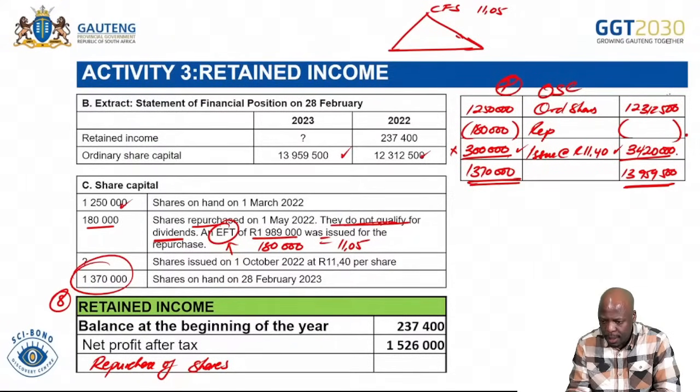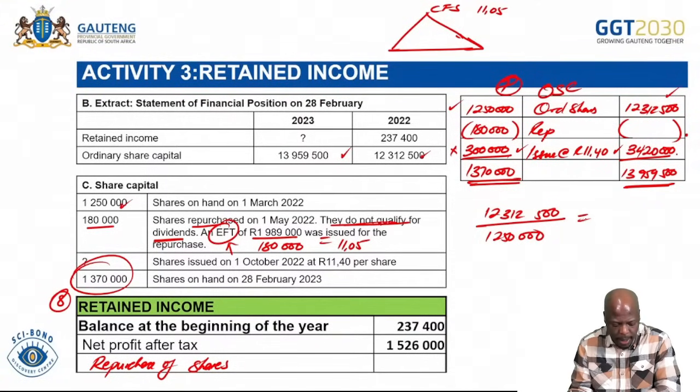You would have taken the 12,312,500 and you divide it by your 1,250,000, and that would give you 9 rand 85. 9 rand 85 becomes the average price here. That is the average price that goes to note number 7 here.